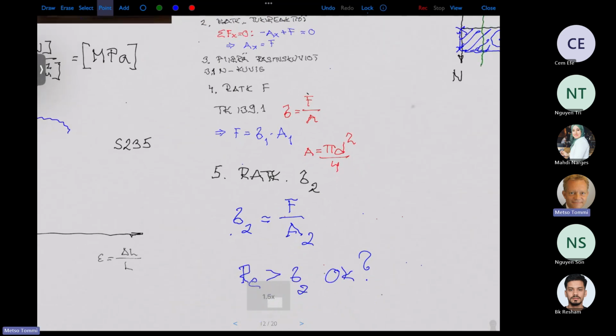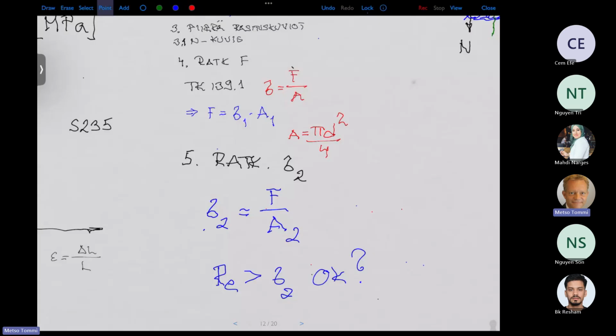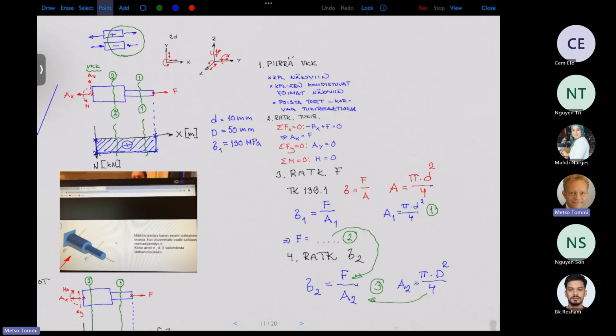And the last was to check that yield strength is not exceeded. So now you know this one is bigger than this one, and because you know the material of this axle, let's see if I can check which one it was. Wrong Excel.